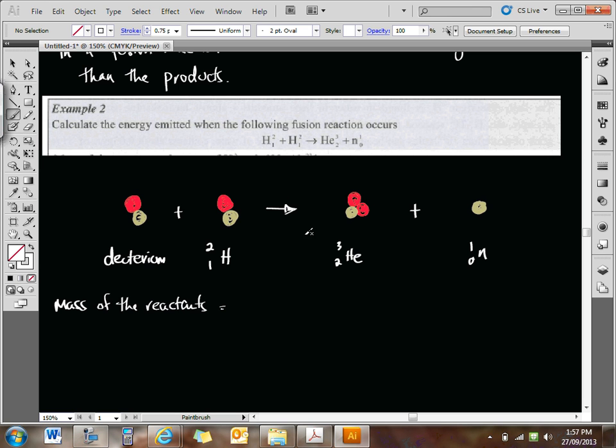So mass of reactants equals 6.688 by 10 to the minus 27 kilograms.